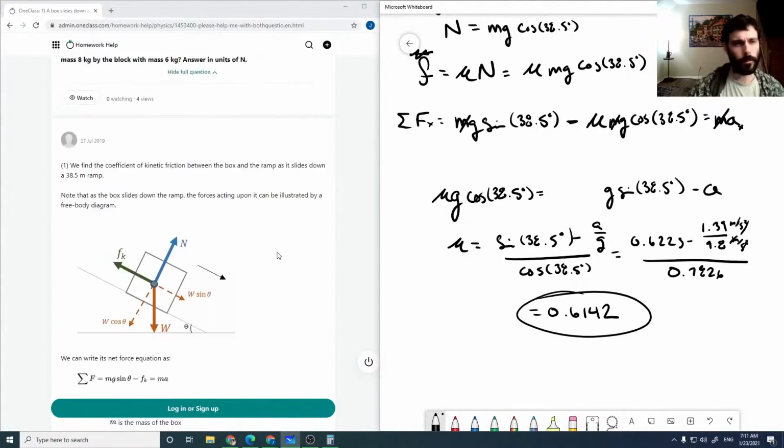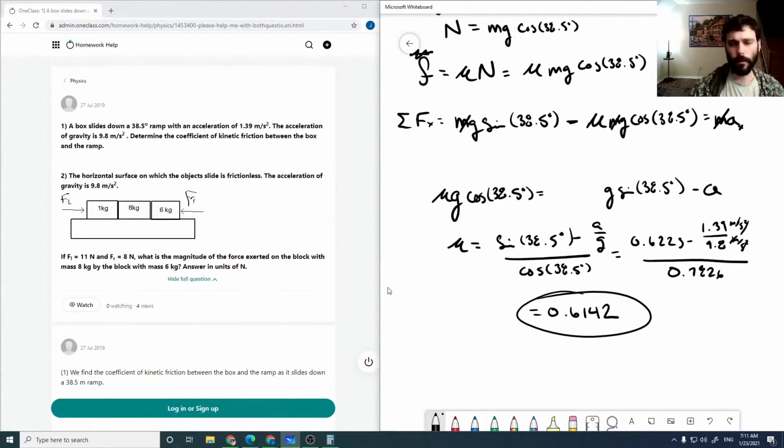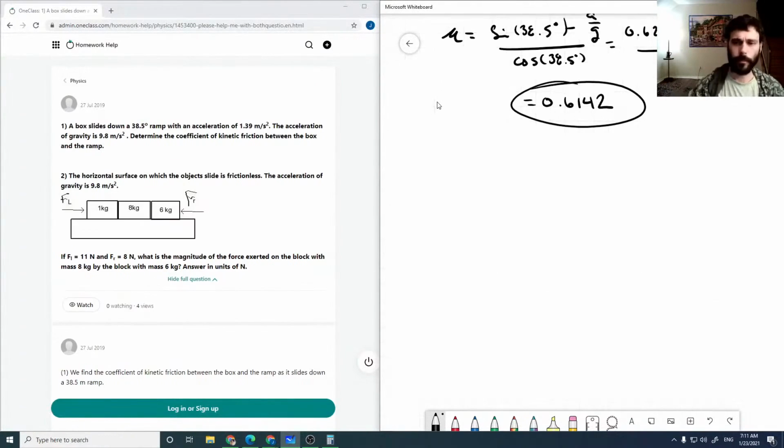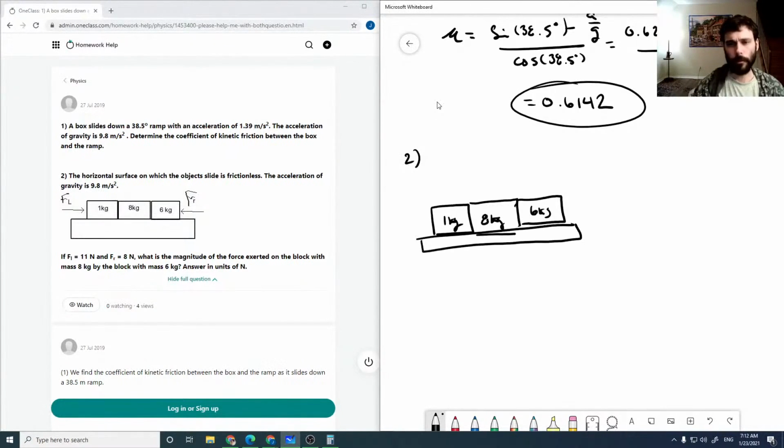Okay, so going back up to the second question that we're given here. So we have a 1 kilogram block, an 8 kilogram block, and a 6 kilogram block, all on a table without friction, and we push it from the left and we push it from the right.